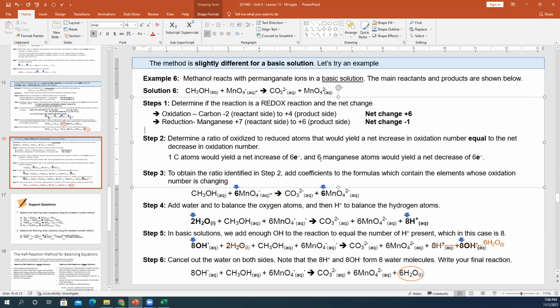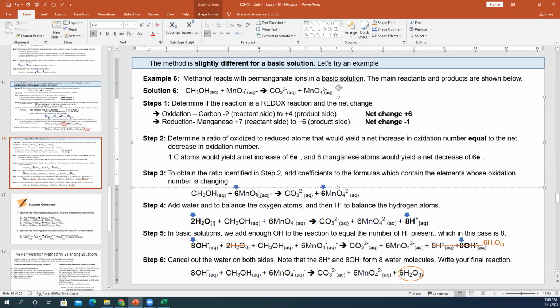And you would have 6 manganese atoms that would give a net decrease of 6 electrons. And so to obtain this ratio that we figured out in step 2, you have to add these coefficients to the formulas which contain the elements whose oxidation numbers are changing.